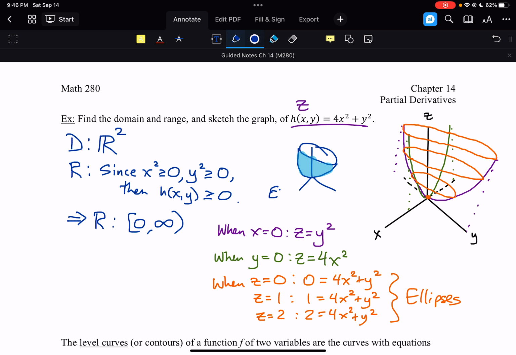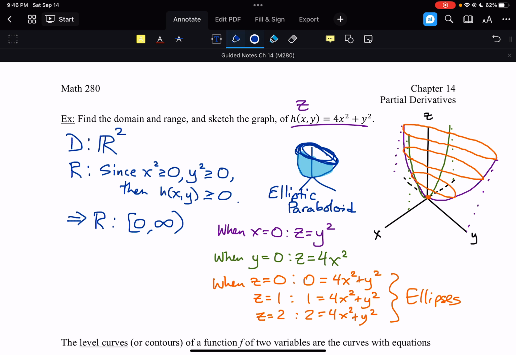This type of surface is called an elliptic paraboloid. It's a paraboloid because it's parabolic. It looks kind of like a curved cup or a bowl, but it's not a perfect circle. It's an ellipse in shape, so that's what makes it an elliptic paraboloid.